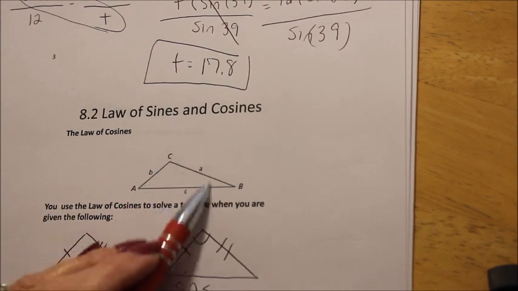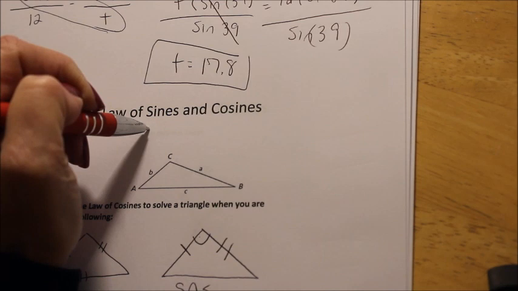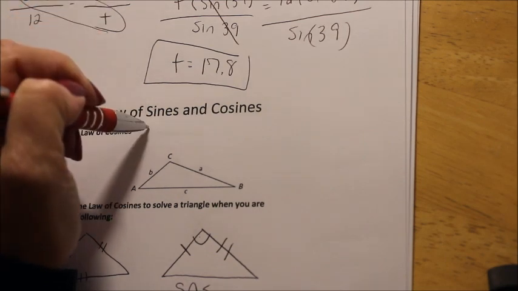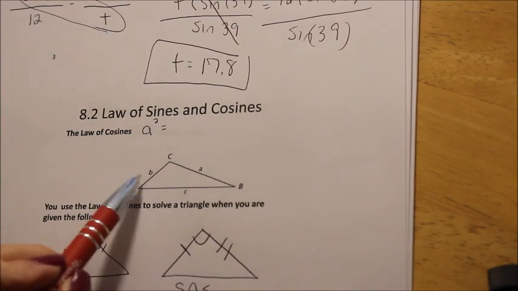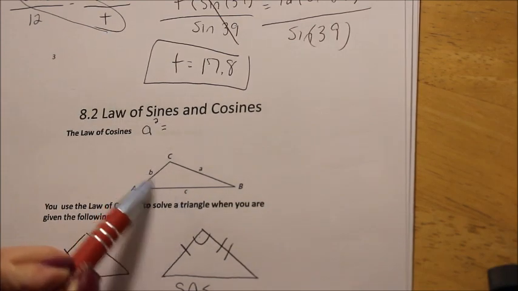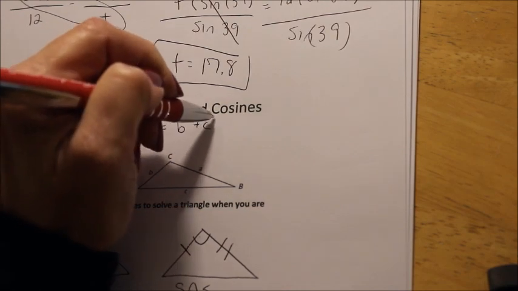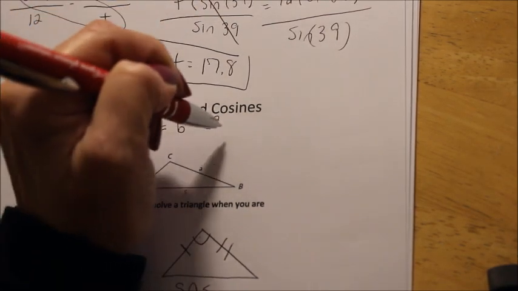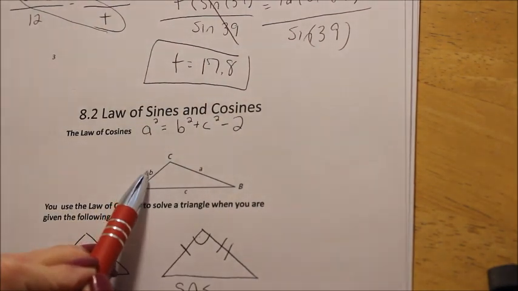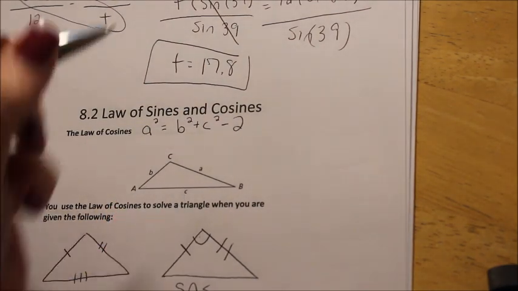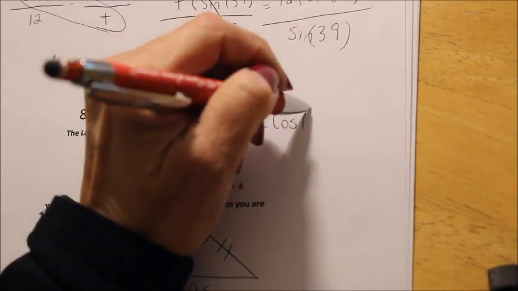You pick a side that you want to start with, and I'll just start with A. So if I wanted to find A, the formula is A squared equals, you're going to add the squares of the other two sides, B squared plus C squared, and then you're going to minus 2, which is a constant, times the product of those two sides, B and C, times the cosine of angle A.